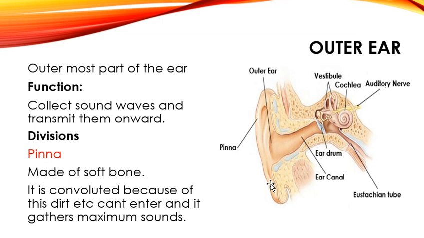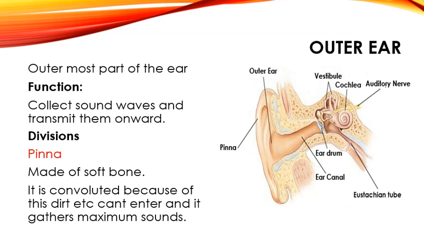Number one, dirt, water, or any other substance cannot enter due to these convolutions. And the second purpose is that it gathers maximum sound and transmits it inside. So the outermost part is the pinna, a convoluted and visible part of the ear.